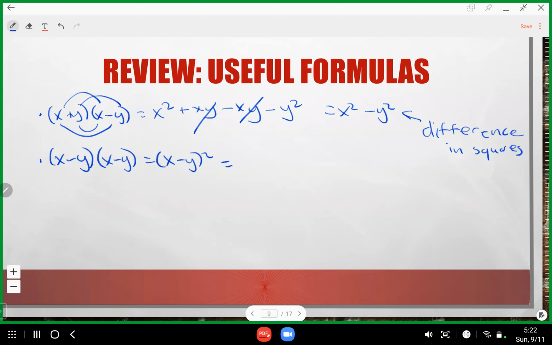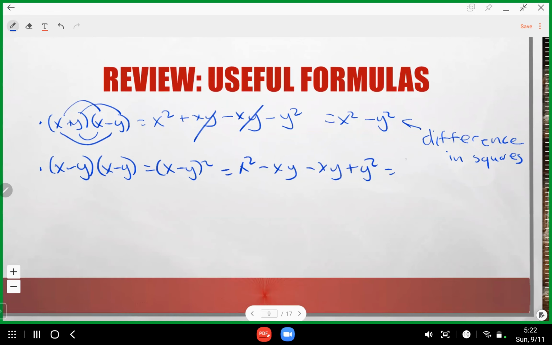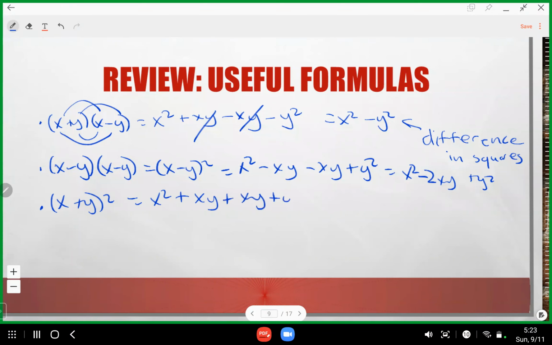If you multiply it out, it's x squared minus 2xy plus y squared.